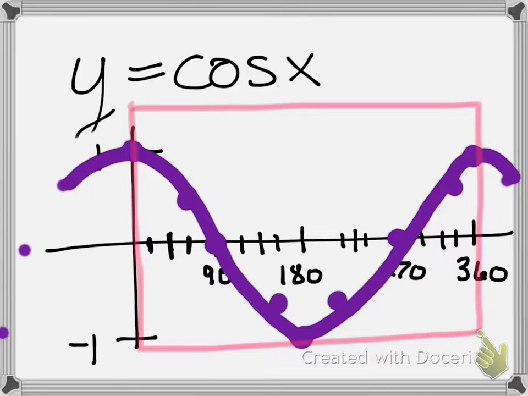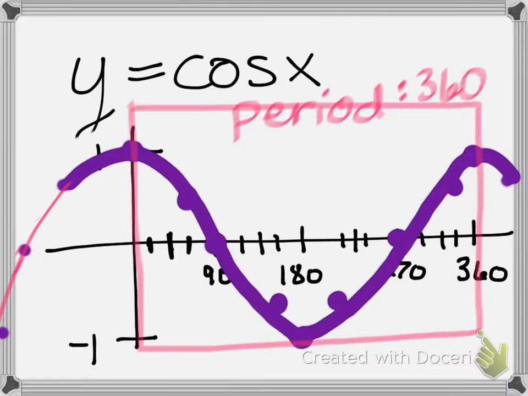If we kept going around the circle, going 500 degrees or 1,000 degrees, or going the opposite way into all these negative points there, what I have boxed is what is repeated. So this is the one period or cycle of a cosine graph, which is also 360 degrees, just like sine.